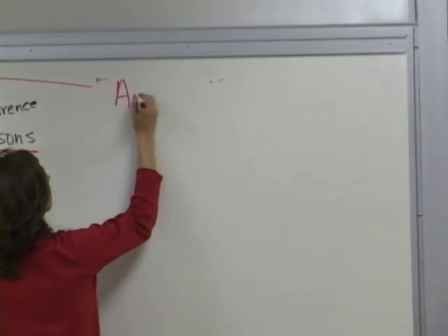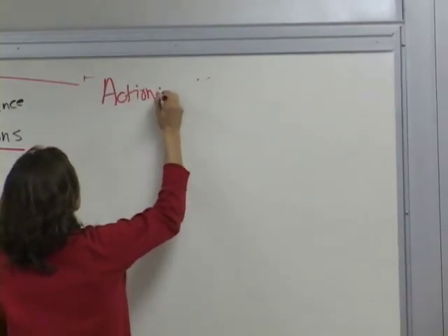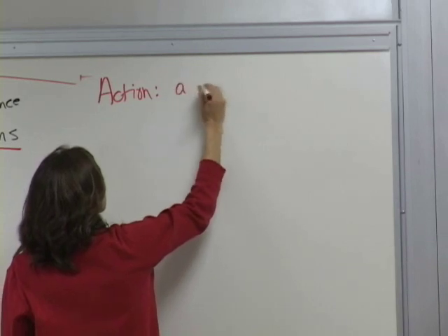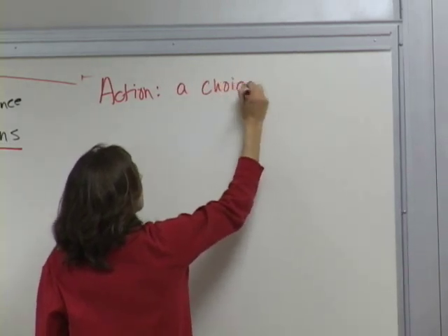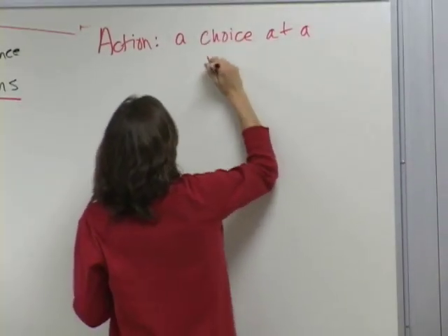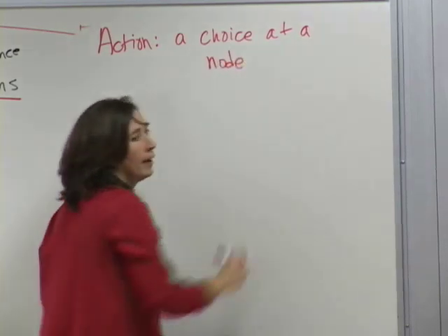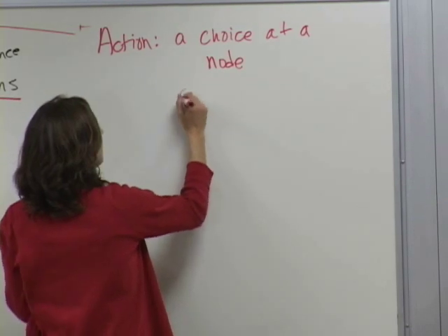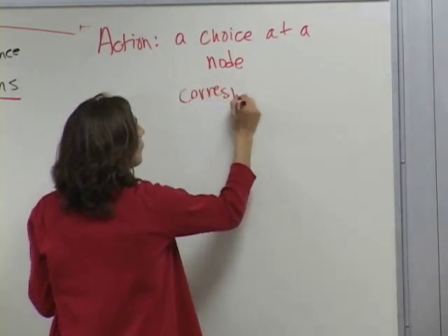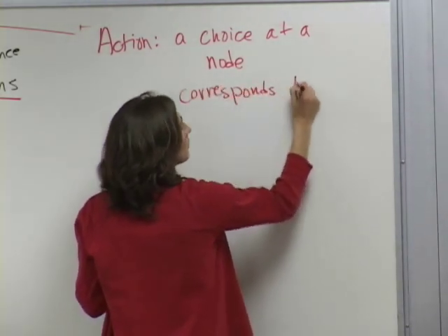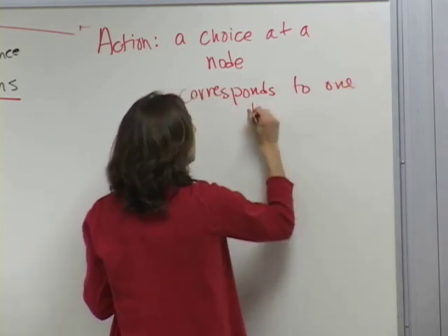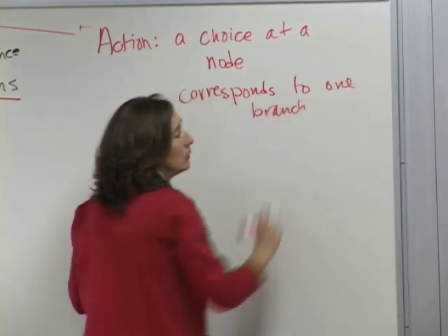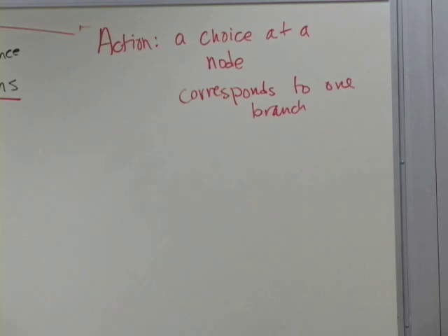An action is a choice at a node. Okay, so an action is a really simple thing. An action corresponds to one branch. Okay, so this is a decision node with two possible actions.